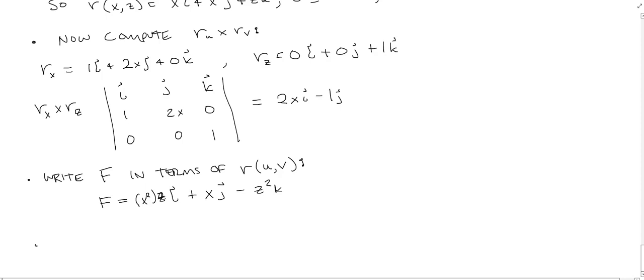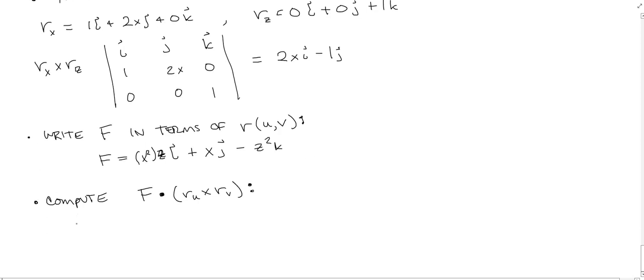Okay, so what do we need next? We should go ahead and just compute the dot product, because we are going to need to integrate that. So let's compute the dot product of F dotted with r sub u cross r sub v. For us, that's going to look like, let's go to angled bracket form just to make it easier to look at. F is x squared z for the i component, x for the j component, and negative z squared for the k component.